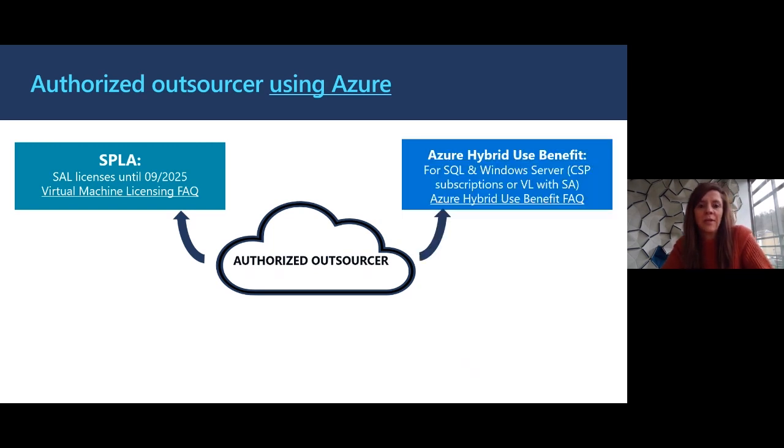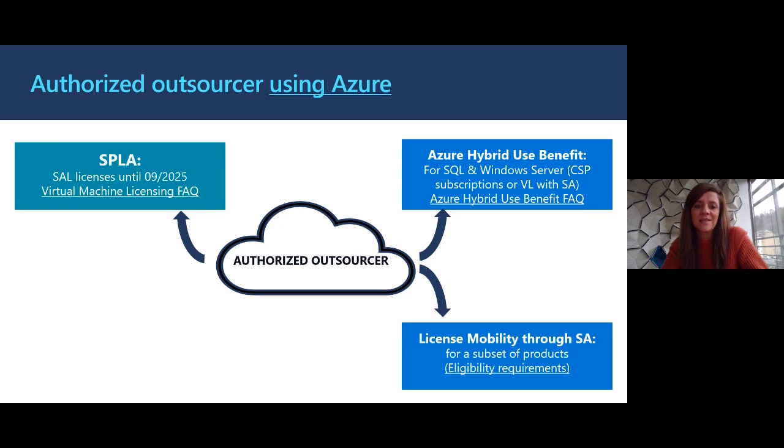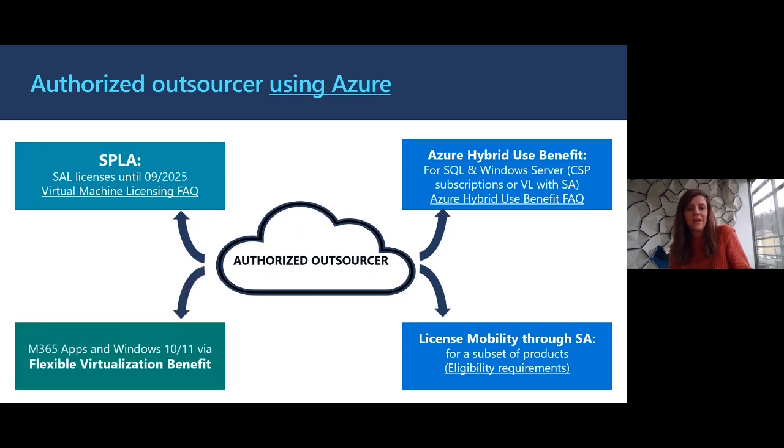You can also bring your own SQL and Windows Server licenses to Azure through the Azure Hybrid Benefits. You can bring more licenses via license mobility through SA. Some might be brought, so it is good to check the documentation. And as we have seen, we have Microsoft 365 apps and Windows 10 and 11.